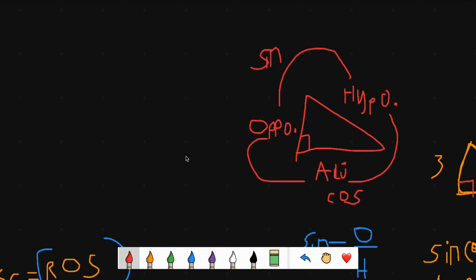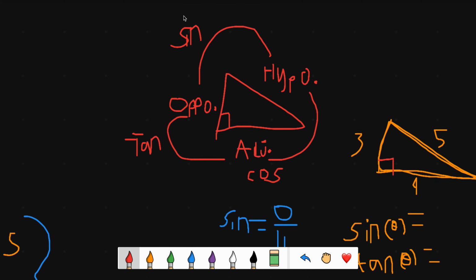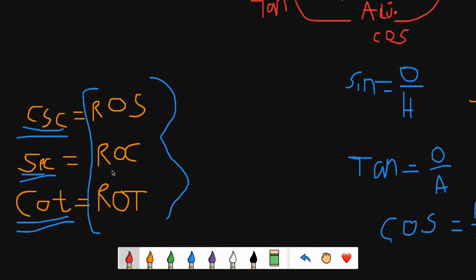But tangent is opposite over adjacent. Always remember that: sine is opposite over hypotenuse, cosine is adjacent over hypotenuse, and tan is the opposite over the adjacent. It might be confusing at first, but then you'll learn.